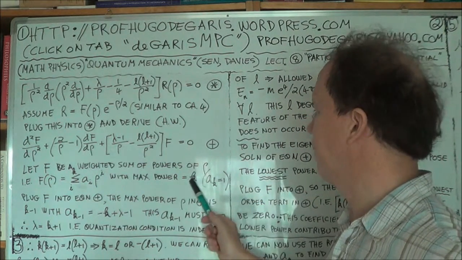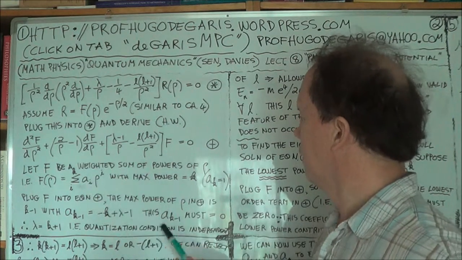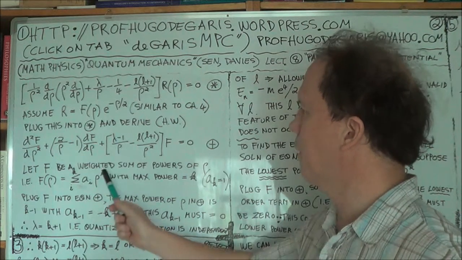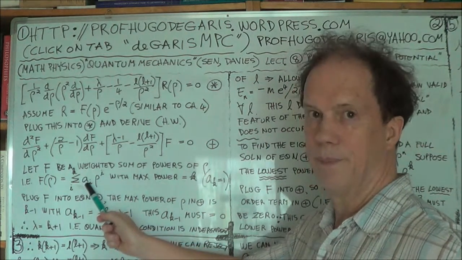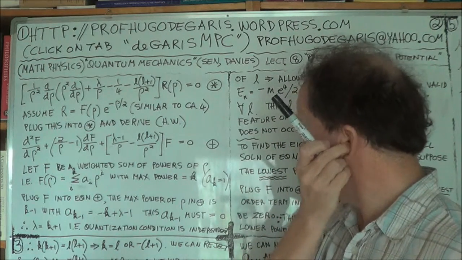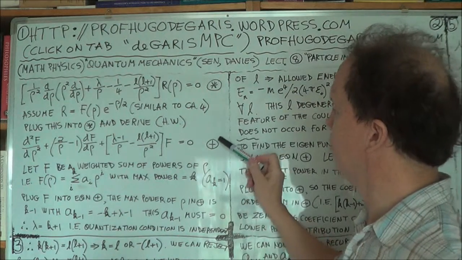Let's call it k. Let's also assume that this coefficient for the highest power is 1, just for convenience.